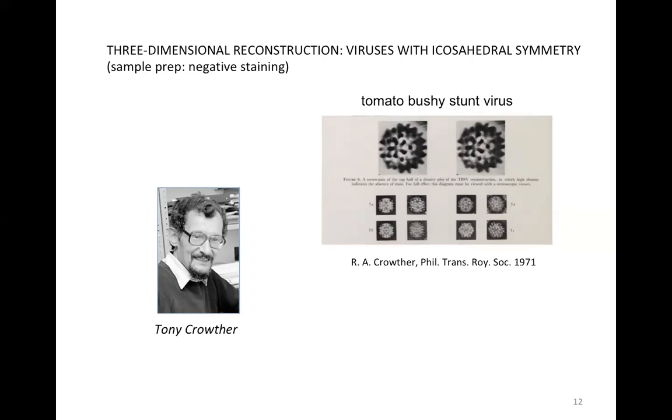And so a single view already gives you a lot of information, and you might only need 2 or 3 in order to reconstruct the entire particle. So now you get the idea. The programs and the computational procedures that needed to be used were tailored to a particular geometry. So in the first case, it was helical symmetry. Here it was icosahedral symmetry.